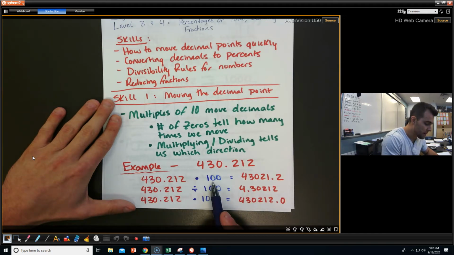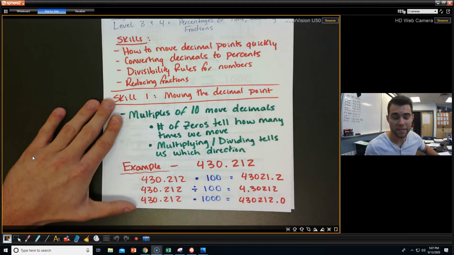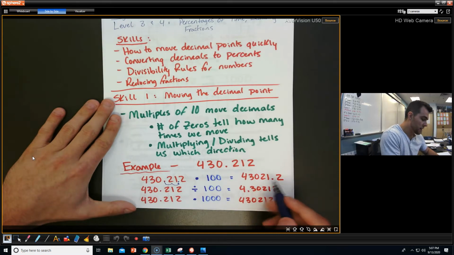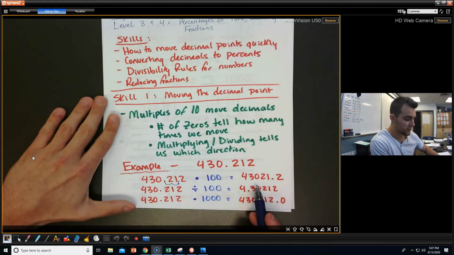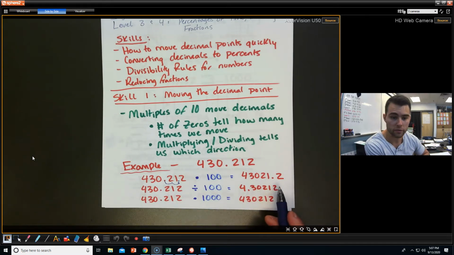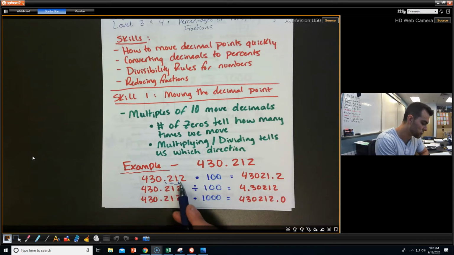I notice I have 2 zeros, so I should expect my decimal to move twice. And it does. I get 43,021.2, because that decimal point moved over twice.